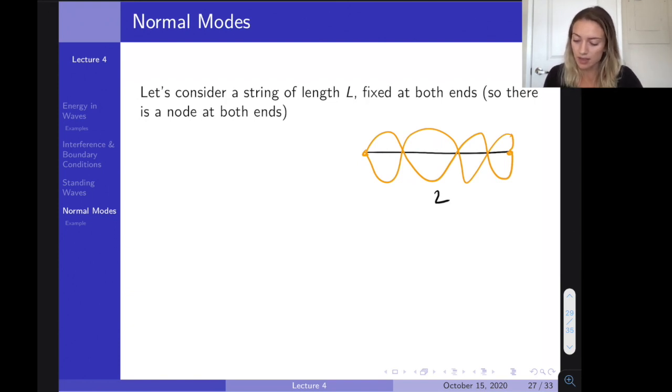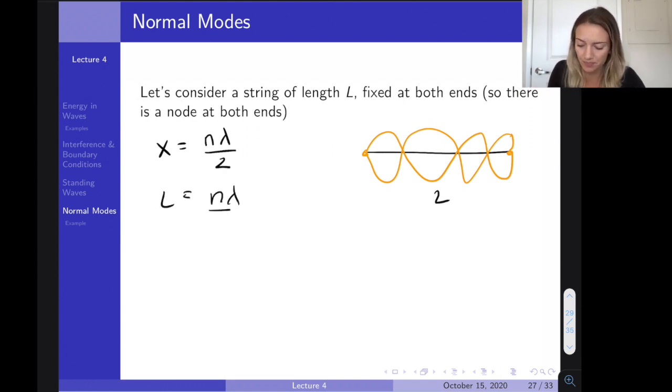So we had our equation for the location of the nodes, we said x was equal to n lambda over 2, where n was some integer, but now x is L. So whatever point this is here, which is L distance down the x-axis from 0, this is a node, right? Because it's fixed at both ends. And now let's figure out what are the allowable wavelengths given this L. So let's just solve for lambda.